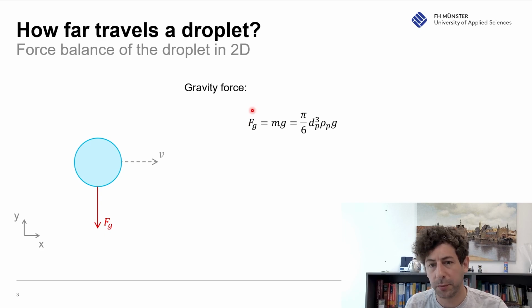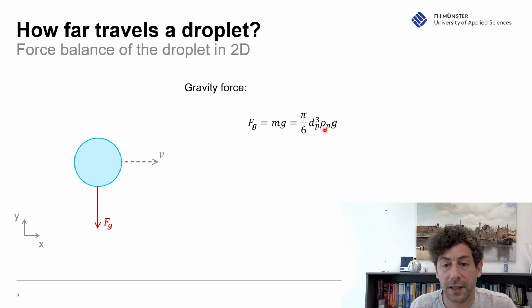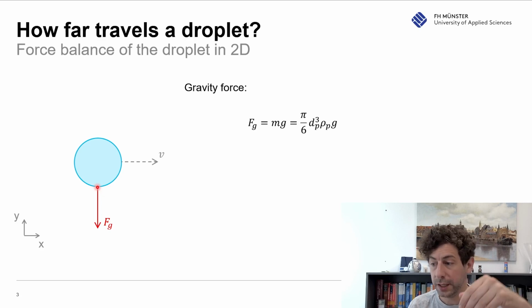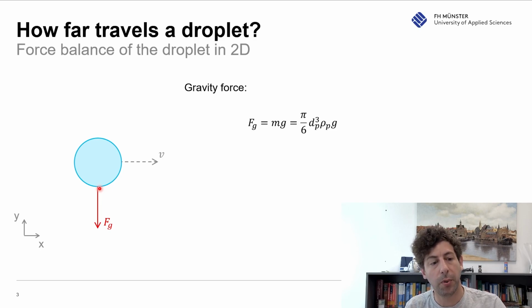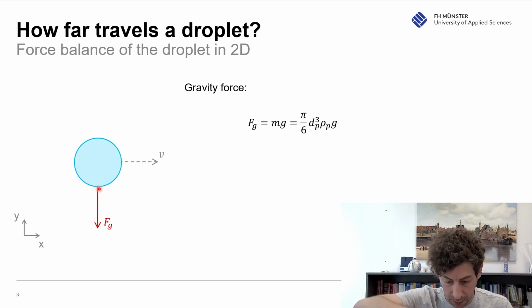As you know from the previous videos, gravity is mass times g, and the mass can be described by pi divided by 6, diameter cubed, density of the particle. Important to notice is that gravity only acts in y direction. So gravity does not have a component in x direction, because gravity only acts downwards.